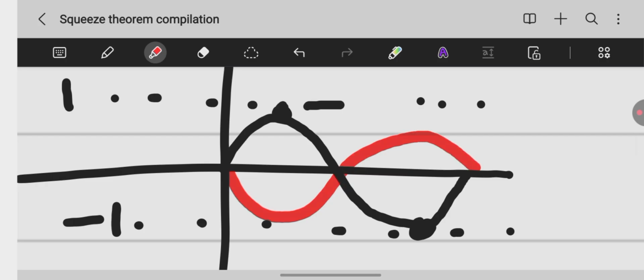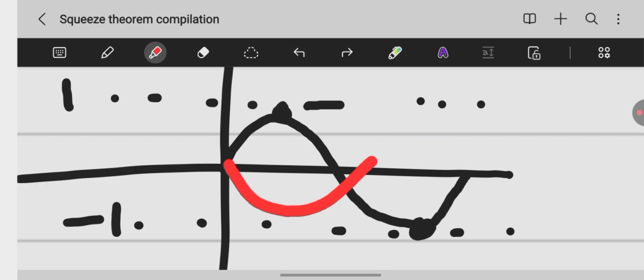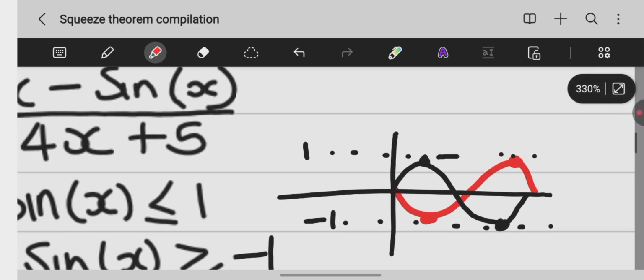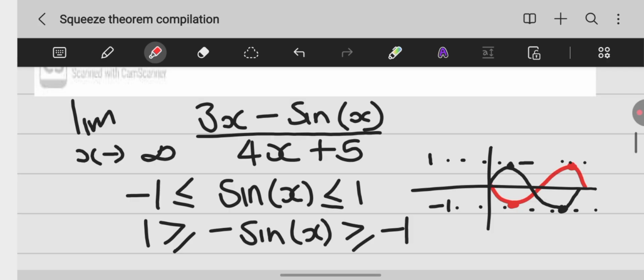If you were to flip that, you would now have something like this. So that's now a negative sine that goes from still -1 to 1, but now flipped, so our inequalities would also flip. I don't know if it makes sense, but that's basically why our inequalities are flipping, and that's because our function is going in reverse.